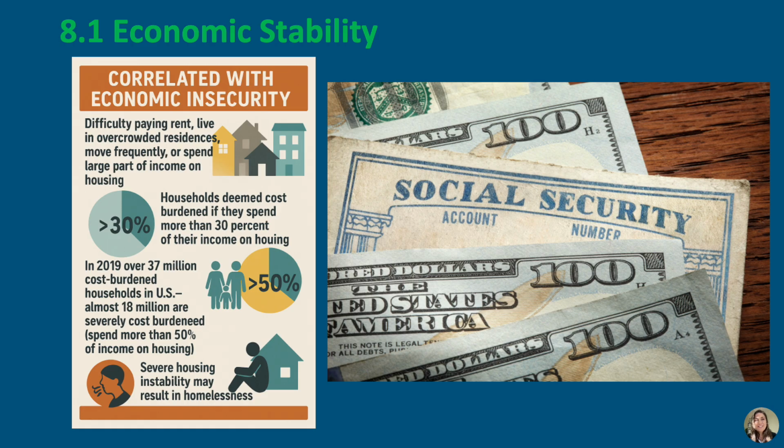In 2019, over 37 million cost burdened households in the United States were noted. When we look at severely cost burdened, spending more than 50% on housing, there were almost 18 million. Substandard housing is associated with health risks like asthma, allergies, mental health conditions, respiratory illnesses, and severe housing instability can lead to homelessness.